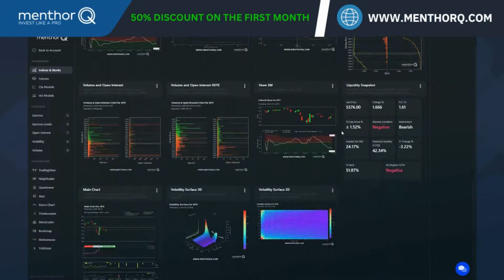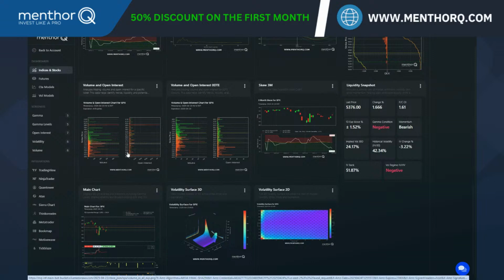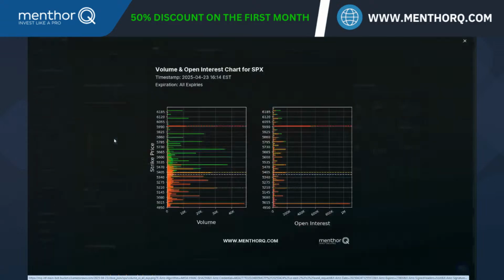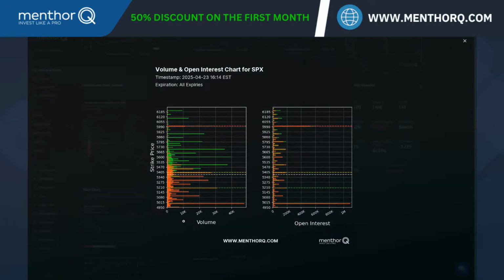The other thing I think is very interesting to look at is volume and open interest for the particular security. So you can see here, 5,990 is an area where it seems like they're long puts, and also here.